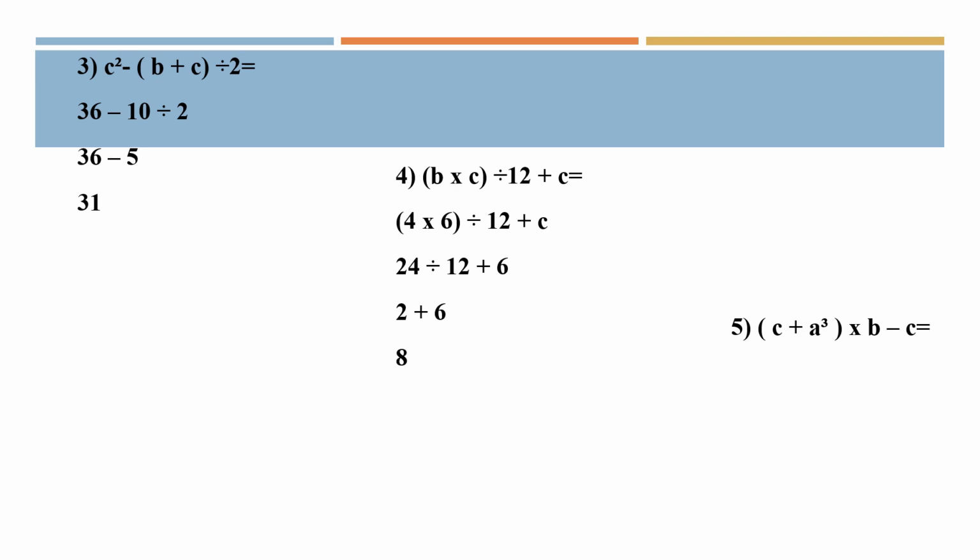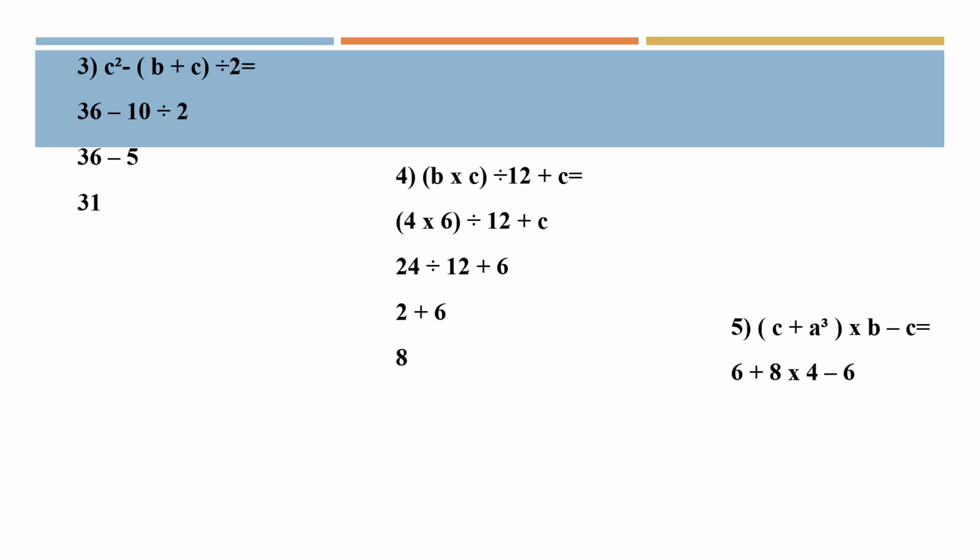Open parenthesis C plus A cube, close parenthesis, times B minus C. Perform the letters inside the parenthesis and with exponent. 6 plus 8 times 4. A cube means 2 times 2 times 2, 4 times 2 equals 8.